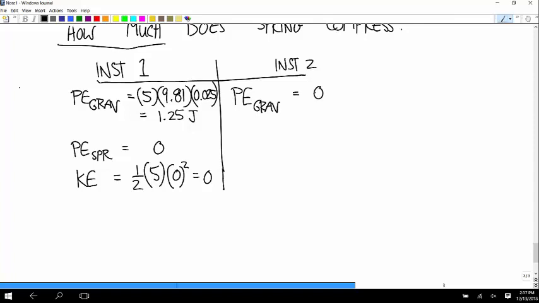The height is 0, so the gravitational potential energy is 0. The spring potential energy is 1/2 times the stiffness, 1,000, times the amount the spring is deformed, squared. So I'm just going to leave that as x squared. We're going to calculate that x. And then what's the kinetic energy? 0.